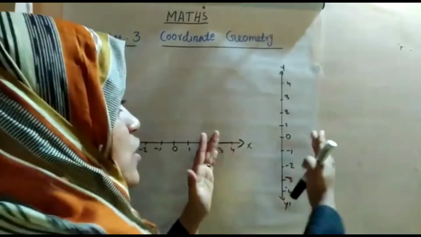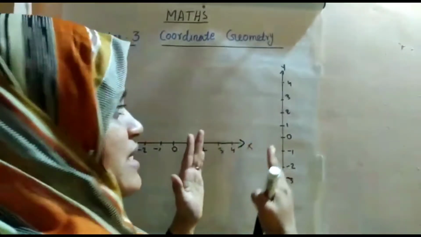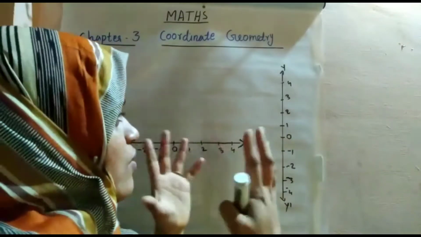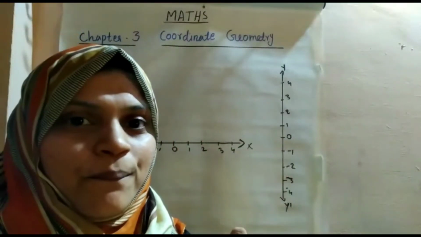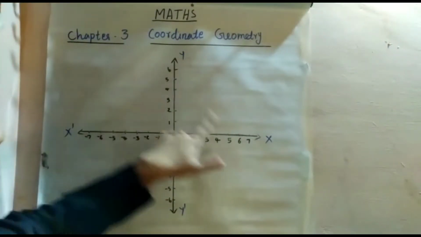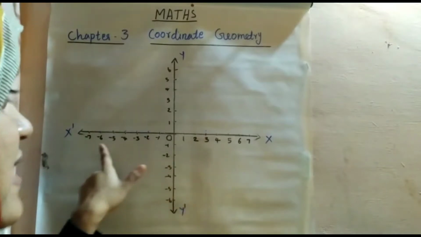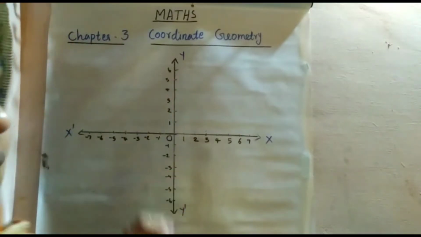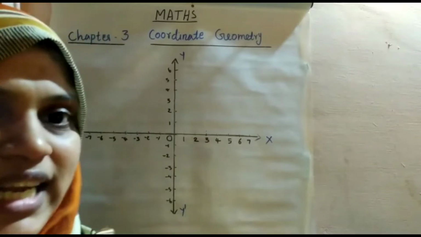When we join them to intersect at a point, perpendicular to each other, which shape will form? Let's see. Dear students, this is our x, this is x dash, our horizontal line, and y dash, the vertical line.